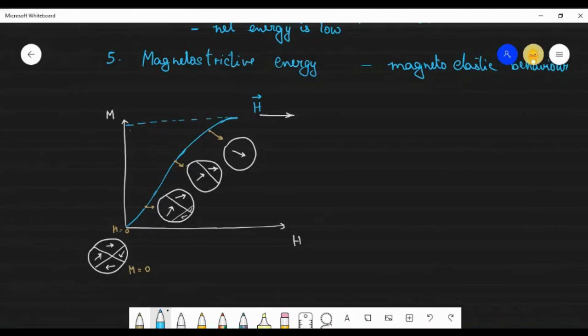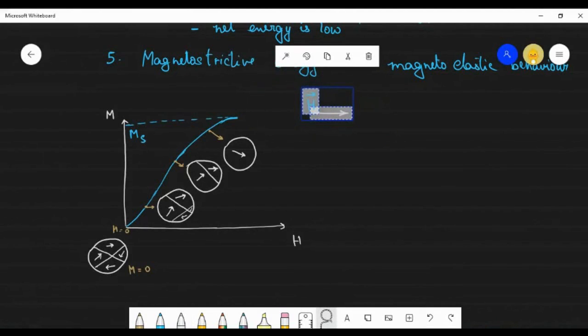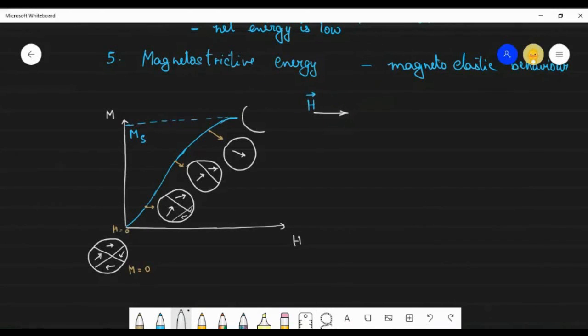Saturation magnetization MS is achieved when the whole specimen becomes a single domain and all the dipoles are oriented in the field direction. So this is how the ferromagnetic specimen becomes a single domain on application of the external field.